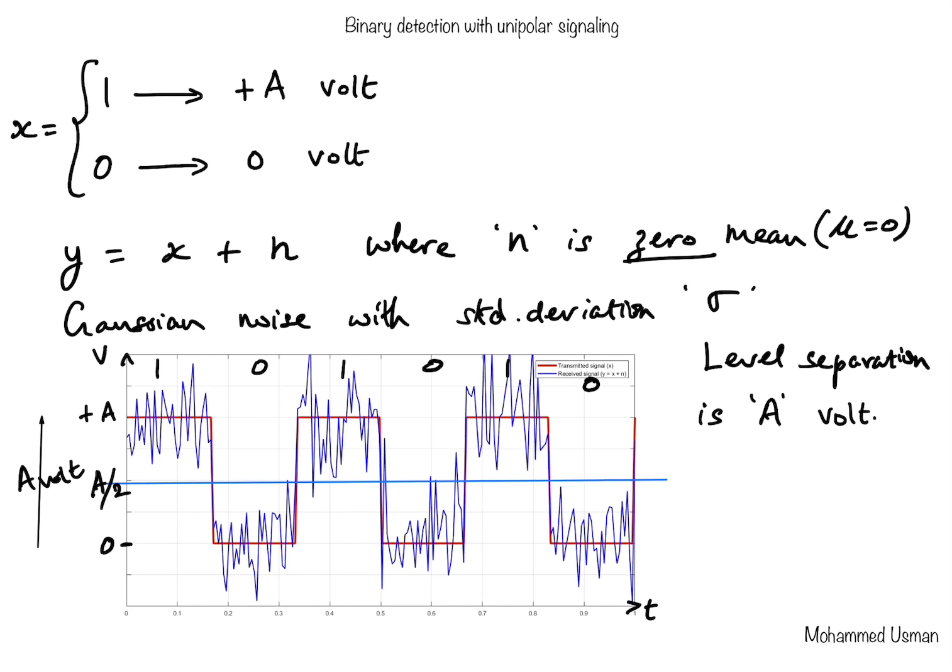So the received signal is Y equals X plus N, because we have two cases for X. X can be 0 volt if the bit transmitted is 0, and A volt if the bit transmitted is binary 1.